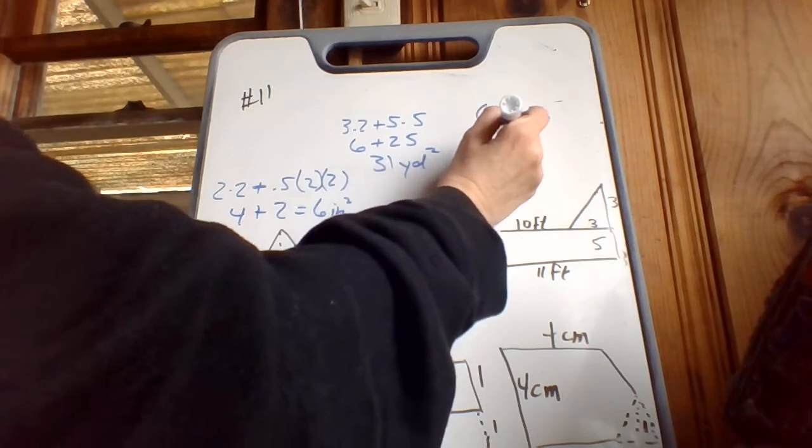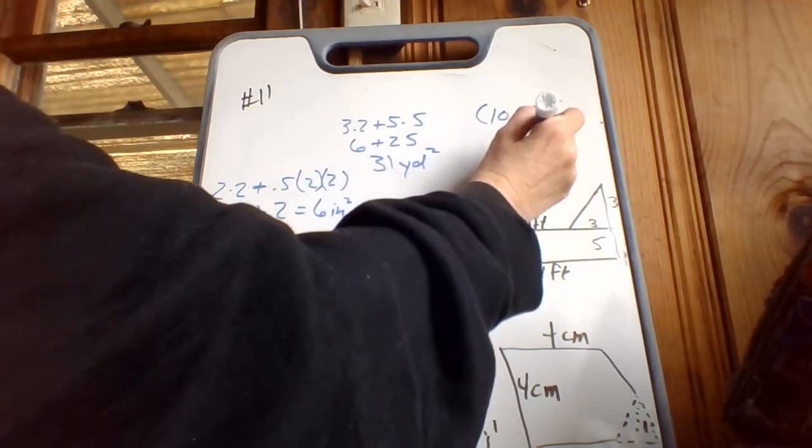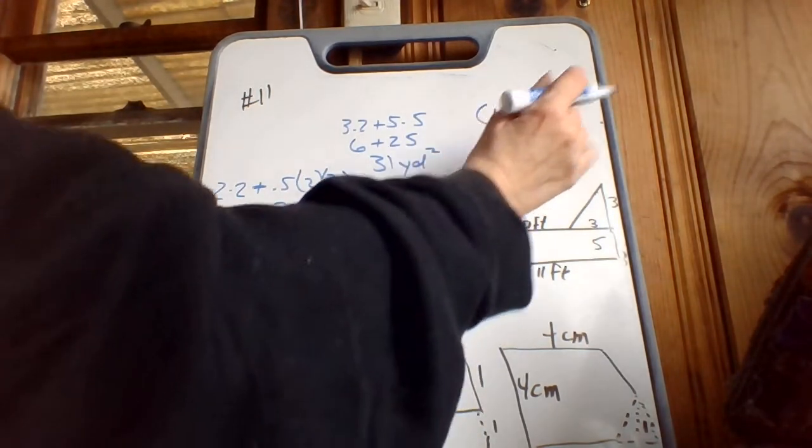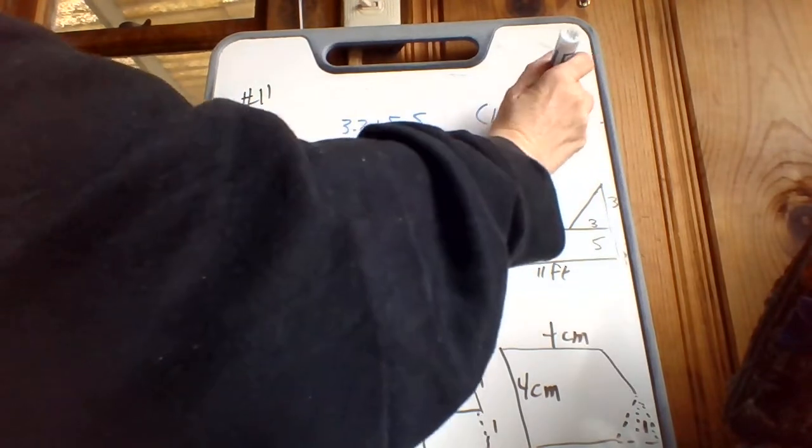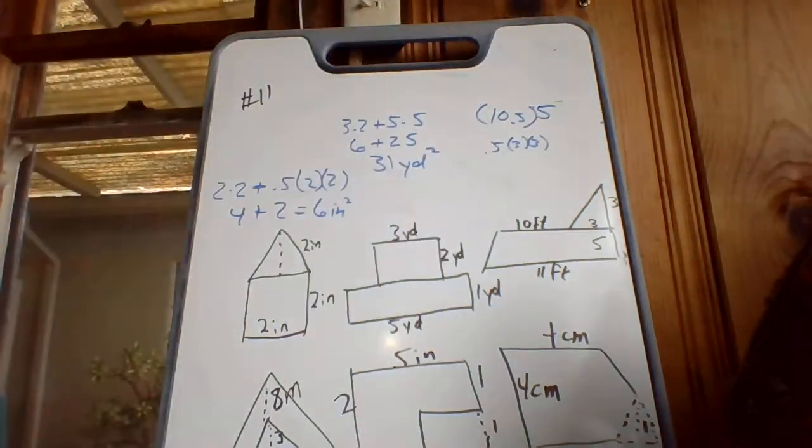So 0.5 times 3 for my triangle. Okay, so 10.5 times 5, 52.5, that's the trapezoid, and another 4.5 for the triangle is 57.